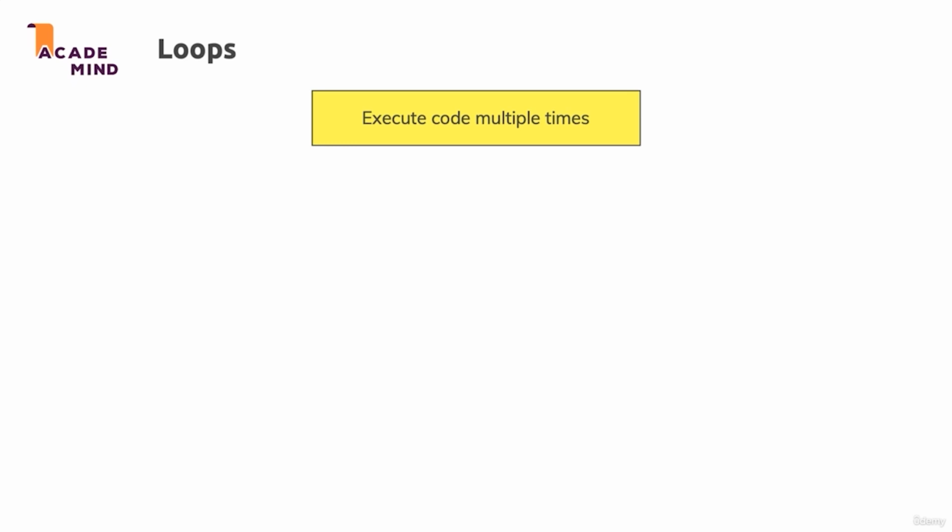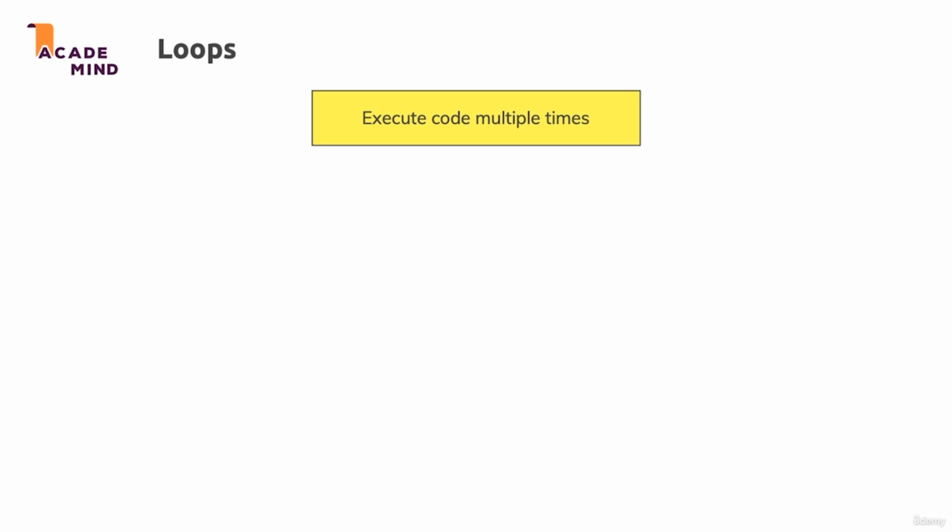But if you want to control that a certain snippet of code runs for every item you have in an array or runs 10 times, then you would have to put 10 function executions, for example, into your code. And loops allow you to write such code repetition in a more dynamic and flexible way.